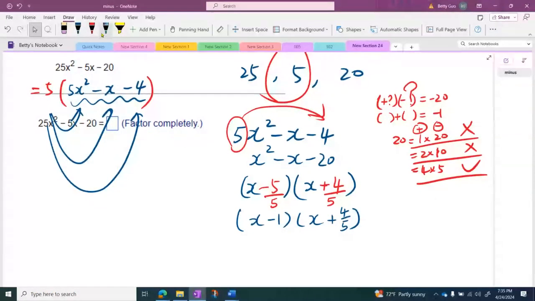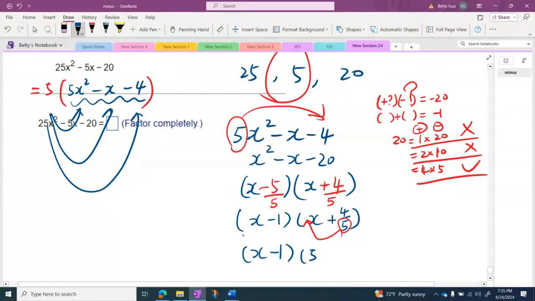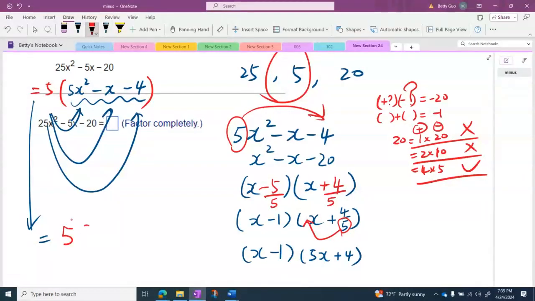And slide back because we have a 5 here. Then we have x minus 1 times 5x plus 4. Put it back. The final answer, don't forget the 5 here, is 5 times x minus 1 times 5x plus 4.